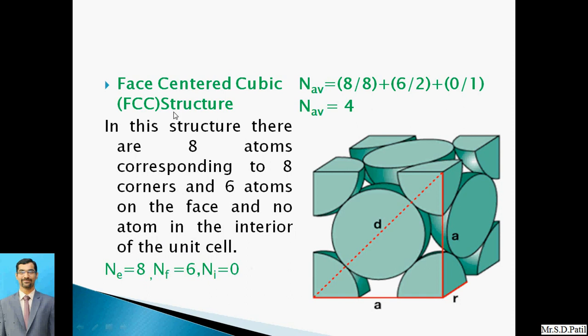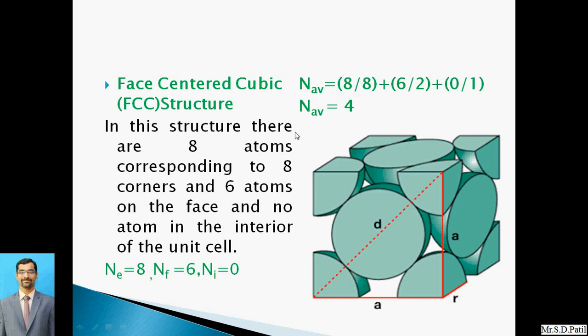For the face-centered cubic structure, we calculate the total number of atoms: Nav is equal to 8 upon 8 plus 6 by 2 plus 0 upon 1, as per the standard formula. Here 6 is the number of atoms on the faces, and 8 is the number of atoms at the corners.